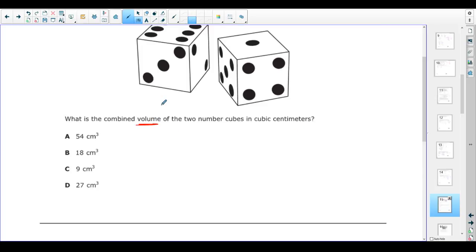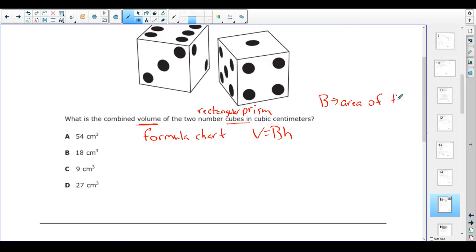The volume means when you look at the formula chart, and it's a cube, it's a prism, more specifically it's a rectangular prism, and our formula for that is V equals capital B H. Also need to remember that capital B means area of the base.